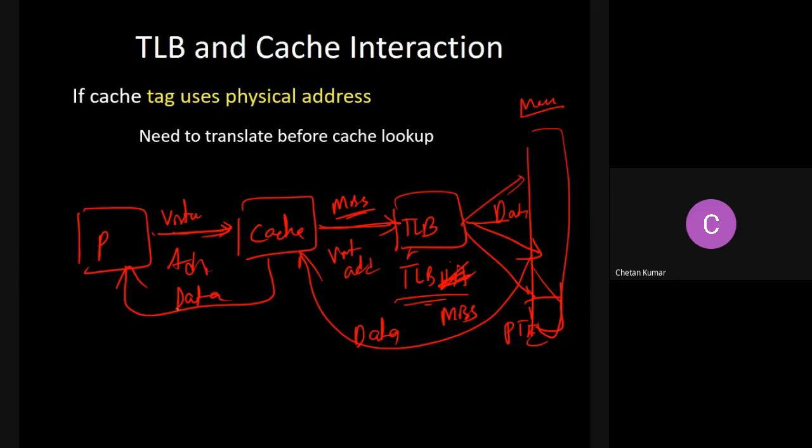The last case is a cache miss, TLB miss, and a page fault. For a page fault, you know what happens: you have to fetch that block from your secondary memory, put it in the main memory, and so on. This is how the interaction will happen if the cache is dealing with virtual addresses.